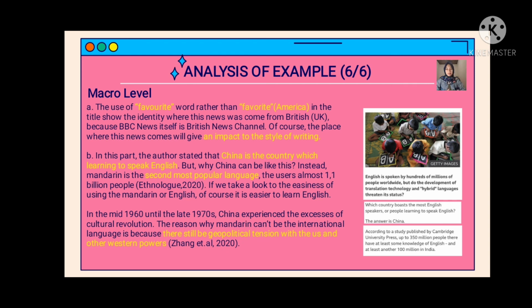In fact, from the mid-1960s until the late 1970s, China experienced the upheaval of the Cultural Revolution. The reason why Mandarin can't be the international language is because there is still geopolitical tension with the US and other Western powers. So in this news, we can see the power relation in the society, in the world.